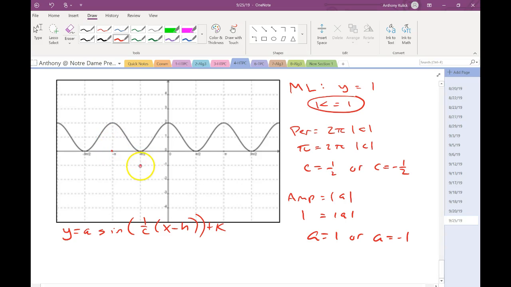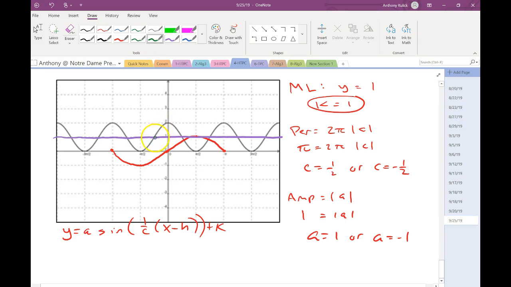So I'm just going to sketch in my parent function here. And I think it might make it easier if I draw in the midline here for everybody to see.